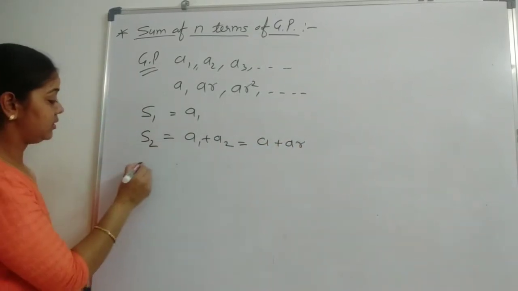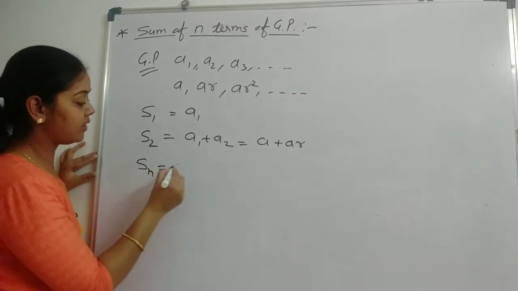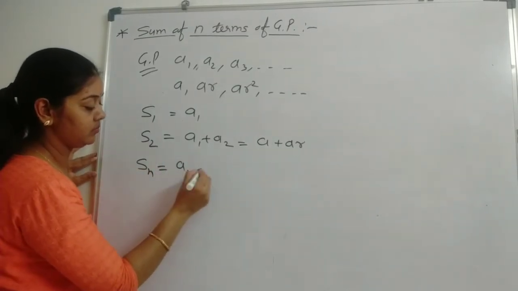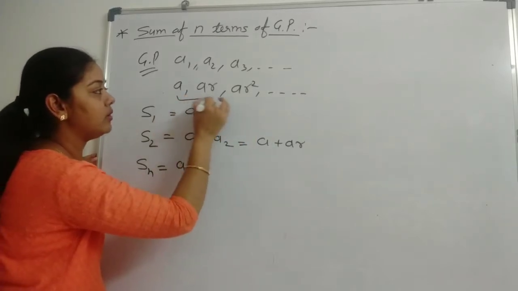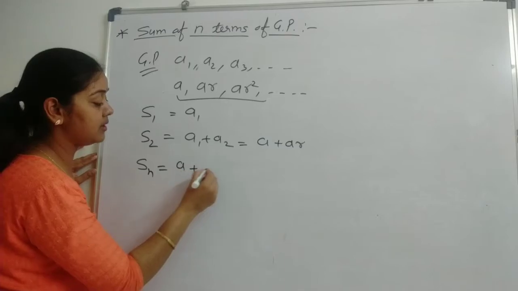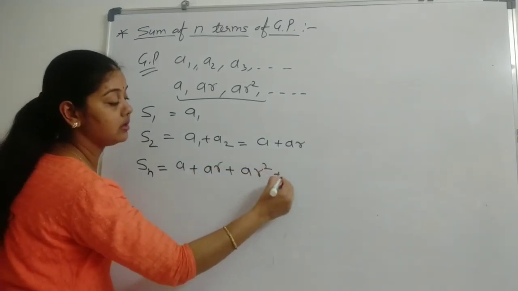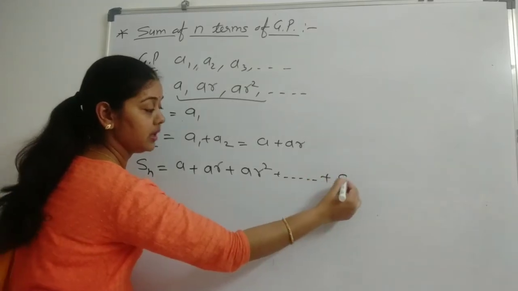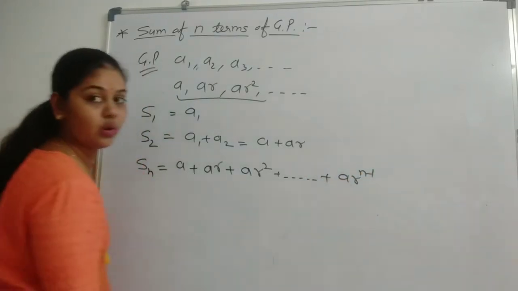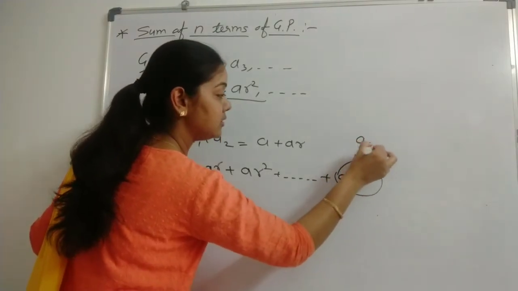So what is the sum of n terms? Sn will be A1, or I can directly write it in the form of a and r. It means a plus a r plus a r square plus up to a r raised to power n minus 1. This is our nth term.